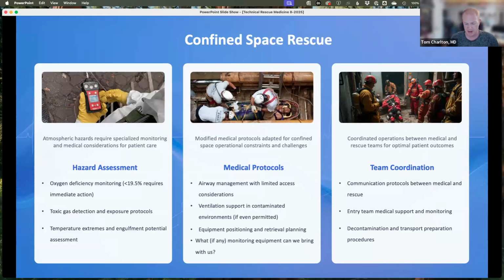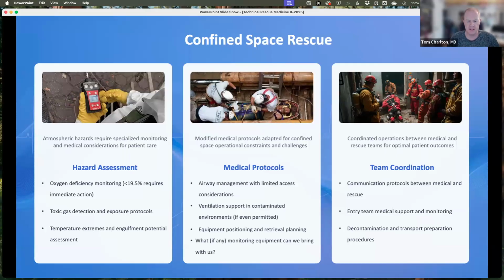It may be that the atmosphere we're not able to get changed over fast enough, and so there's real concern about us introducing supplemental oxygen to the patient because that supplemental oxygen is going to spill over into the rest of the environment. And so if we're not able to get that environment changed over quickly enough, that ups the fire risk, that ups the explosion risk. So we need to be careful with that.